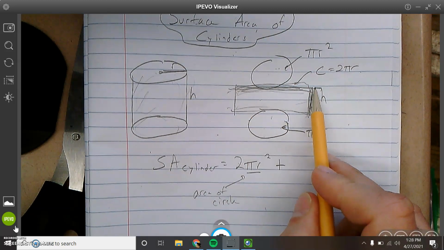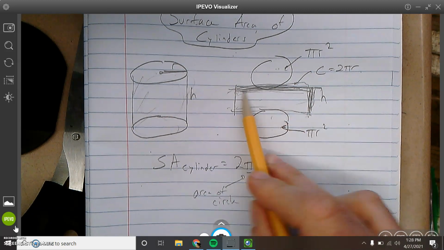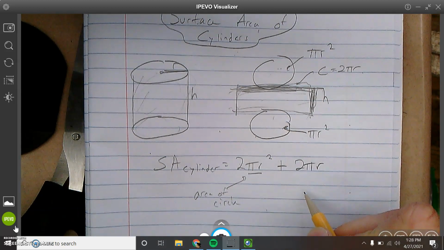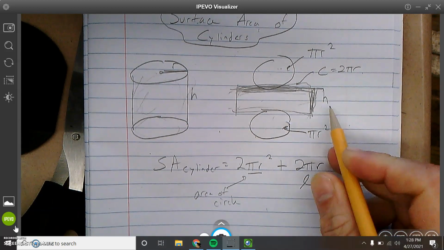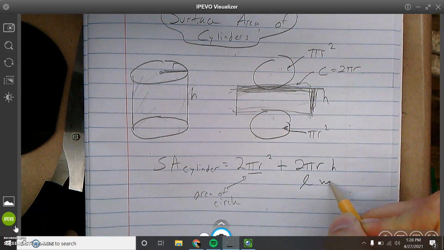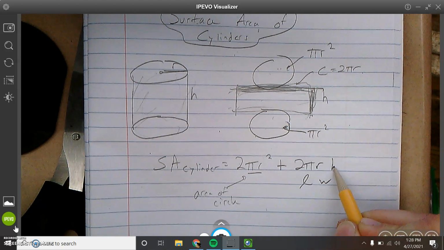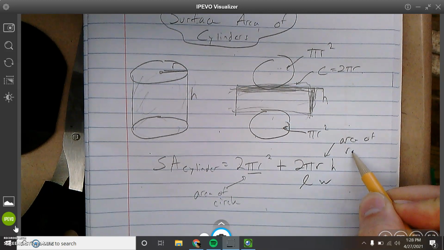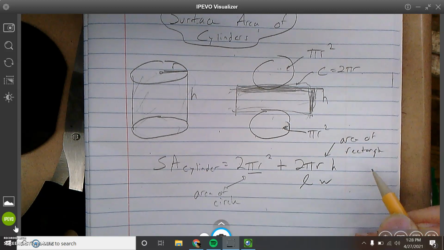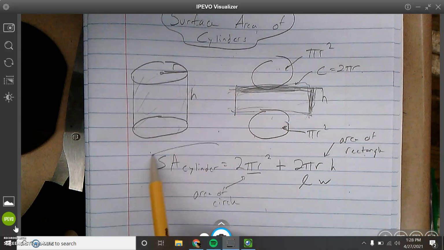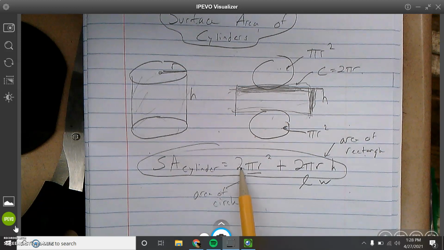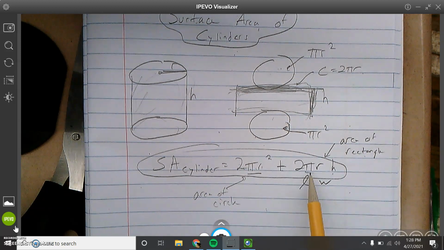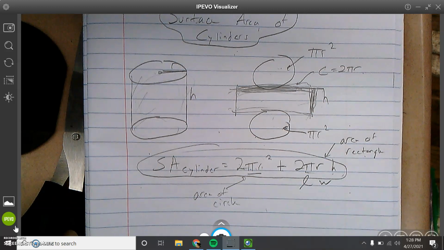The rectangle is length times width. In this case, the length is the circumference, because that wraps around the circle, so that's 2 pi r. And the height is the width. So this is the area of the rectangle that wraps around it. There you go, this is the formula: 2 pi r squared, two circles, plus the rectangle right here. And the rectangle is the circumference of the circle times the height.